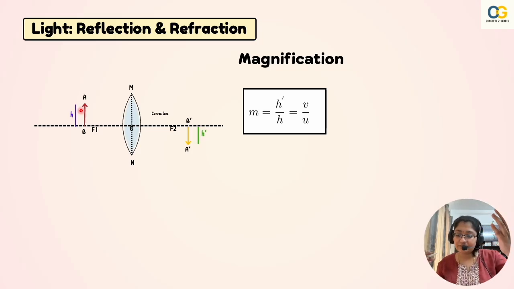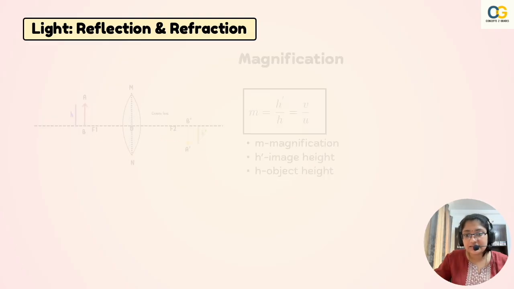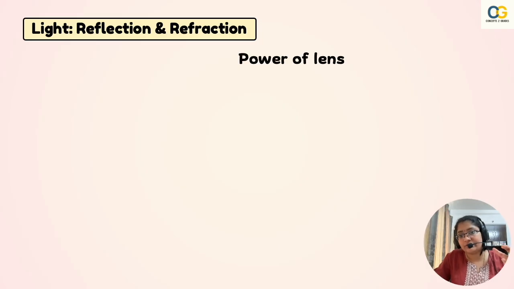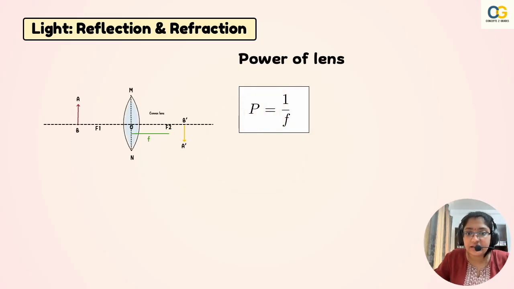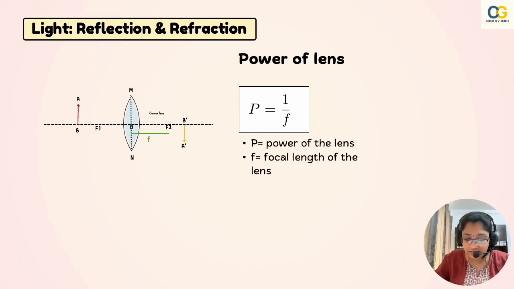Similarly, in the case of the mirror formula, the minus lies in the magnification, not in the mirror formula. Here h is the object height and h dash is the image height, where v and u are image distance and object distance respectively. There's an additional formula here for power of a lens, where 1 by f is called the power of the lens.